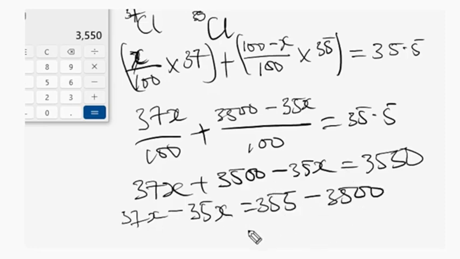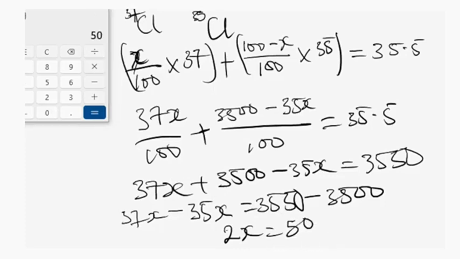So at this point, 37 minus 35 is 2, so 2x is equal to 3,550 minus 3,500, and that's 50. So 2x is equal to 50.